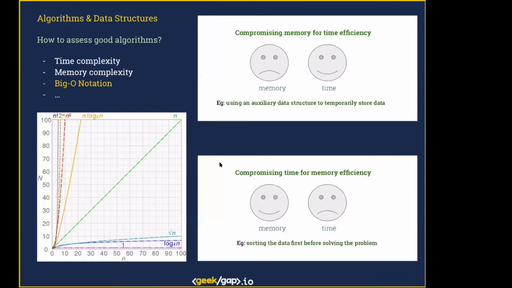All right, so now let's move to another part, which is compromising. So sometimes we are trying to be efficient on both time and memory, but sometimes you have to compromise.